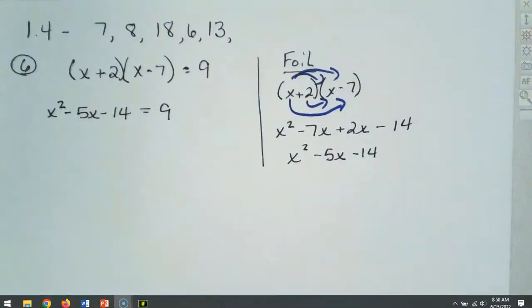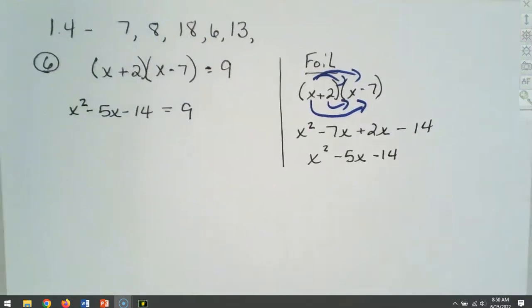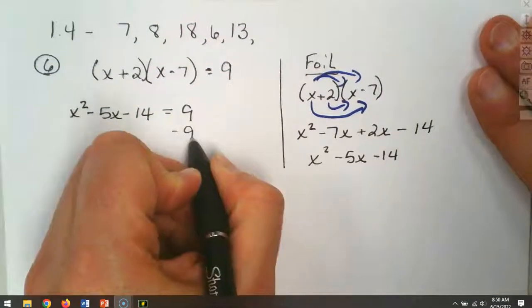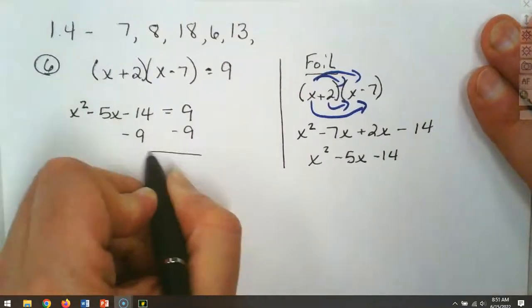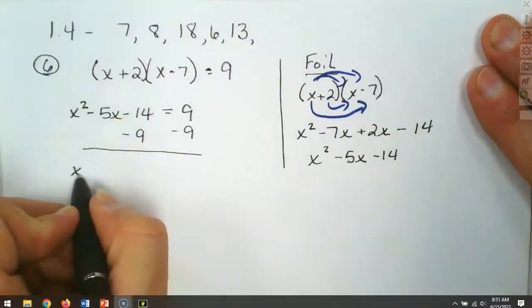So the first thing we always have to do is, if we have parentheses or fractions or decimals, we get rid of them. Now, when we want to solve it using either the zero factor or the quadratic formula, it has to be set to 0. So let's go ahead and move this 9 over. And that's going to set it to 0.